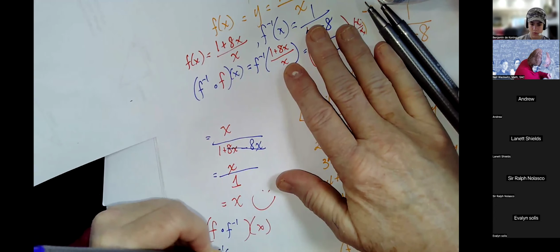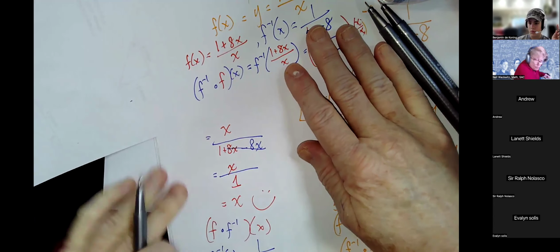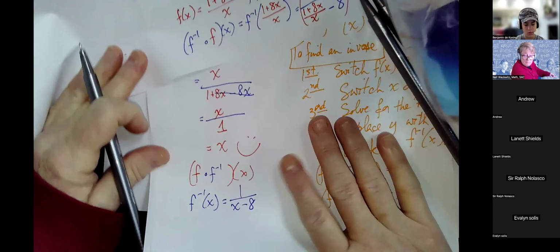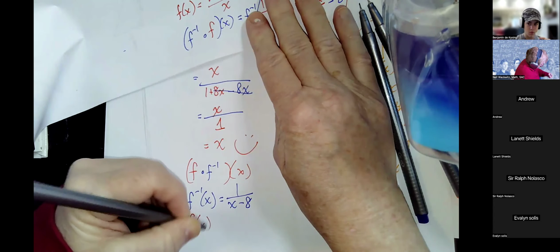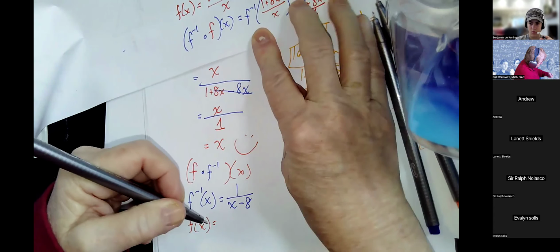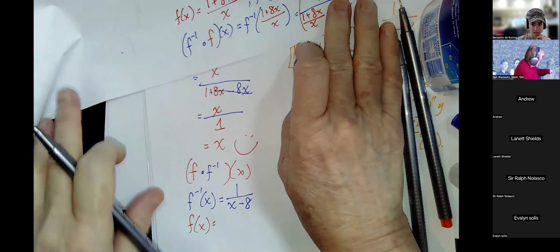I have a question. Yeah. So during the process of doing the inverse, why would you multiply x with y minus 8 instead of dividing the x?